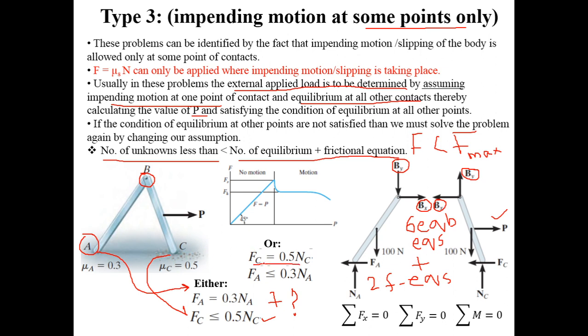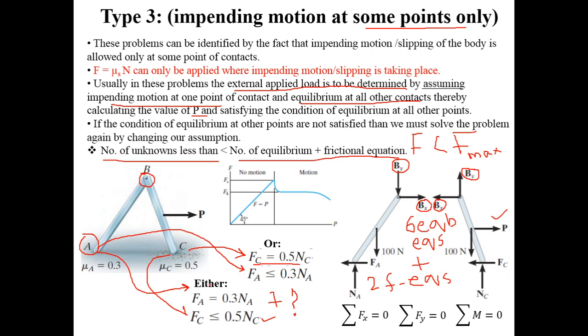So you are assuming F equals to mu N at point C now, and you are assuming FA to remain smaller than 0.3 NA, because you are assuming here that now C will slip first and A will remain in equilibrium.